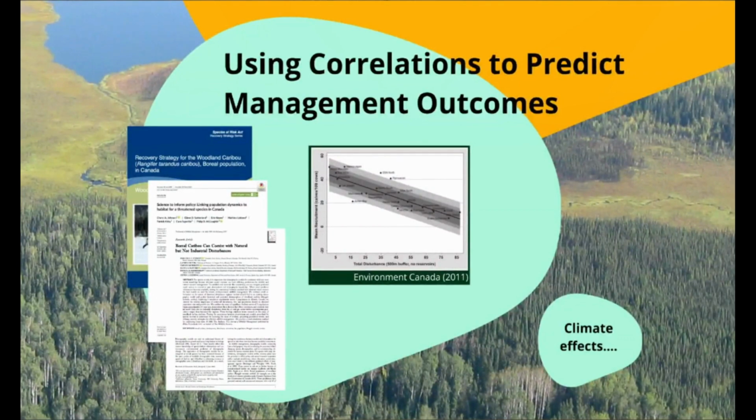And the second paper that just came out earlier this year, which really encouraged me to be a little more formal about this and try to get some of these ideas into the published literature, they actually made the explicit link between science and policy by taking this essentially univariate relationship and making predictions about what we would expect to see in terms of caribou trend if we made those changes to the habitat through restoration.